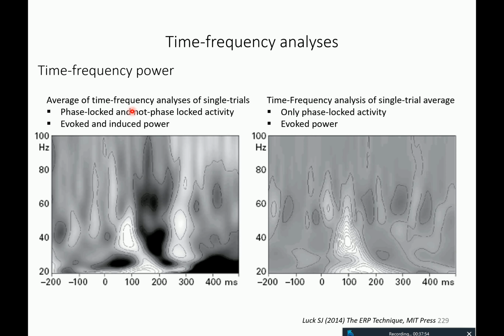So the average of time frequency analysis of single trials contains both phase locked and non-phase locked activity, and hence it includes both evoked and the induced power proper. The time frequency analysis of a single trial average only includes the phase locked activity and hence the evoked power.